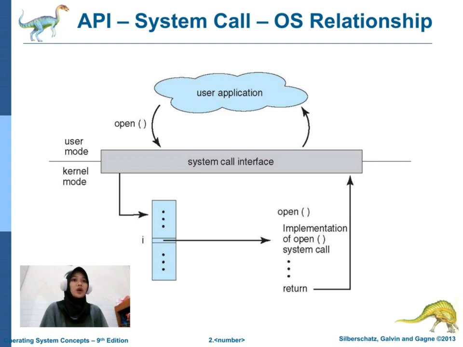So the operating system knows which number corresponds to which system call, and when the application calls a function, the operating system finds the mapping, opens the system call code and runs it, and the result is returned back to the user application.